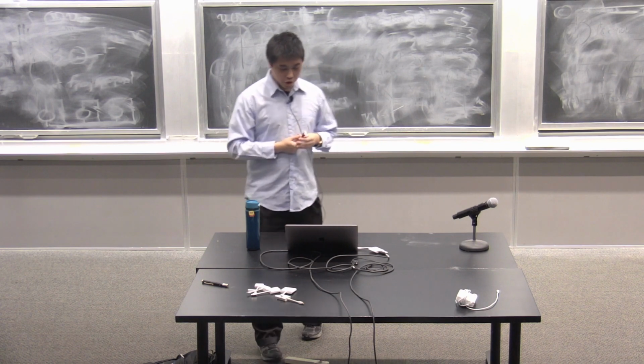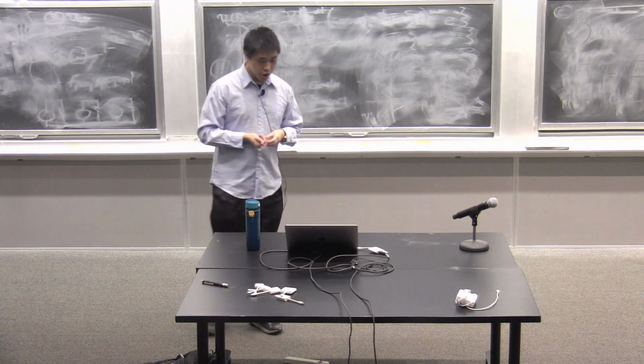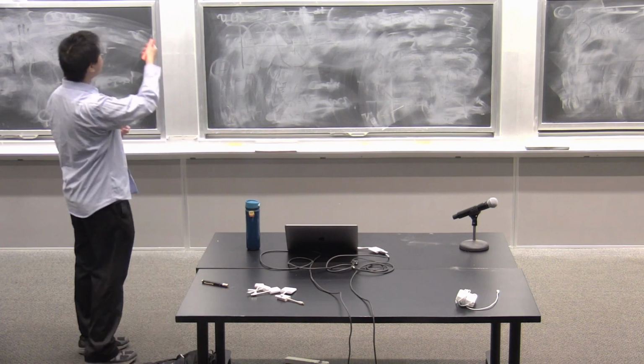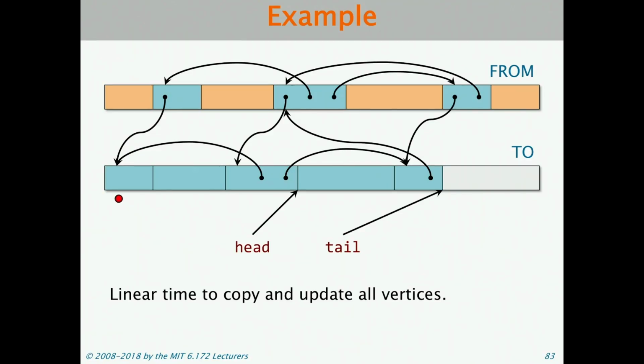Yeah, so it's just going to be linear time because we're running a breadth first search, and that takes linear time. You also have to do work in order to copy these objects to the to space. So you also have to do work proportional to the number of bytes that you're copying over. So it's linear in the number of objects, the number of pointers, and the total amount of space you're copying over.